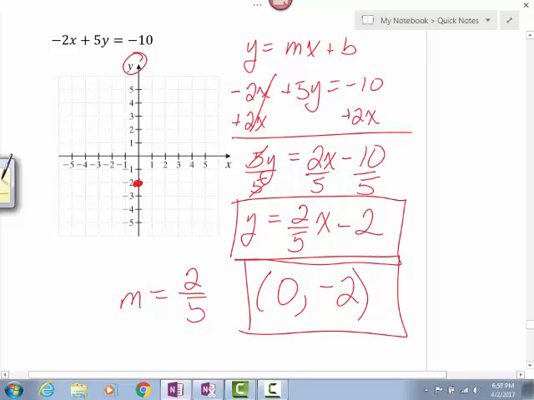Since my slope is a positive 2 over 5, I'm going to rise 2 spaces, 1, 2, and I'm going to run to the right 1, 2, 3, 4, and 5. Draw my line again. There we go. Again, positive slope, and my line is going up.